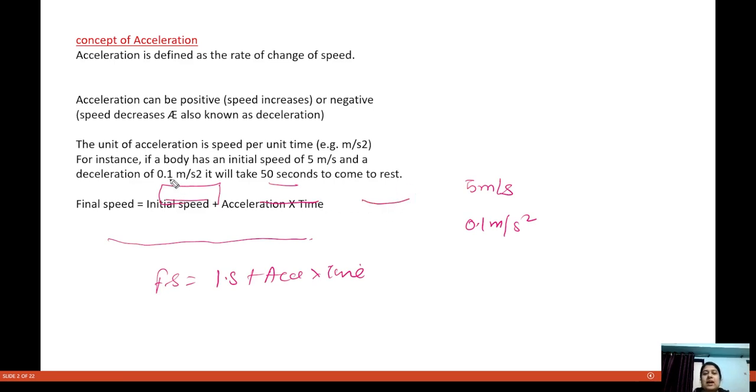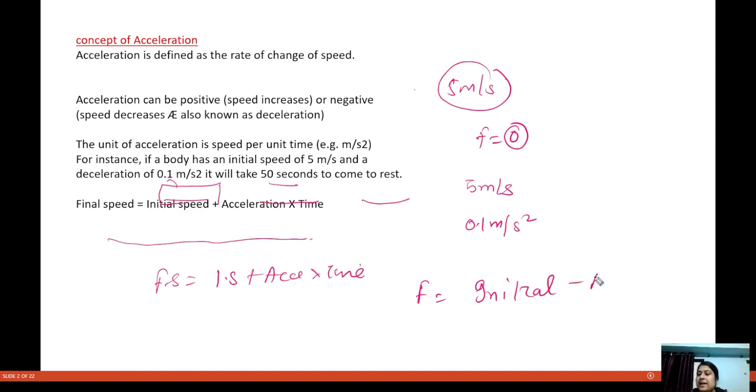So 5 meter per second is the initial speed. Now to come to rest, final speed is equal to 0, and you know final speed is equal to initial speed minus deceleration into time, because this is deceleration, so we have to subtract it.